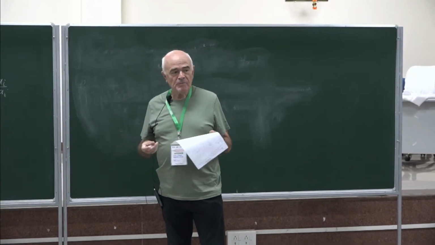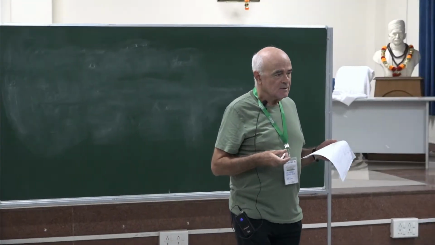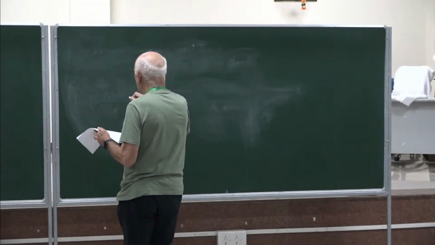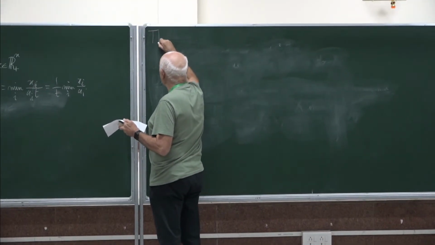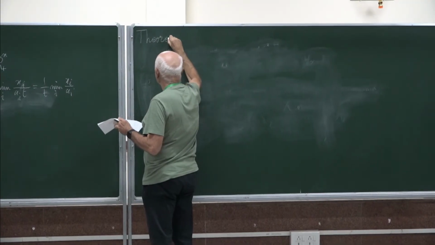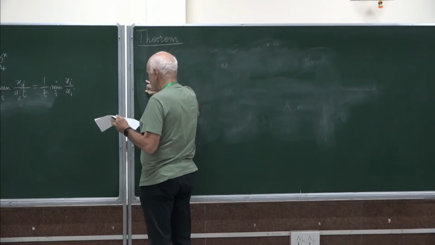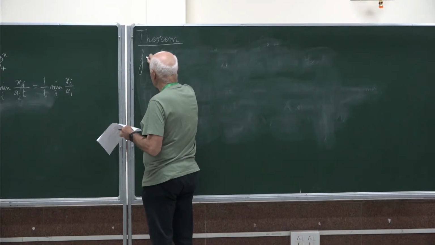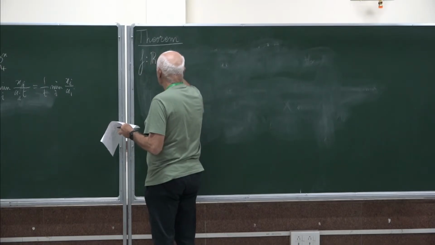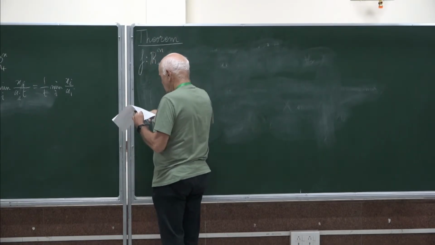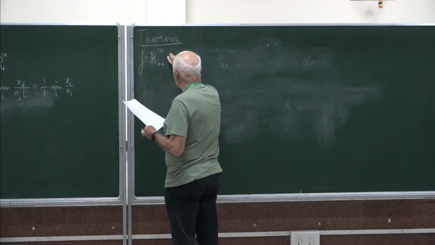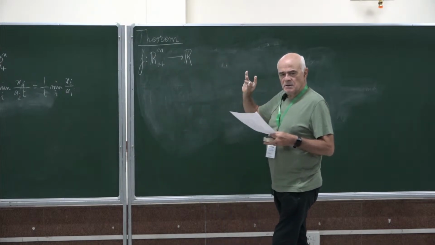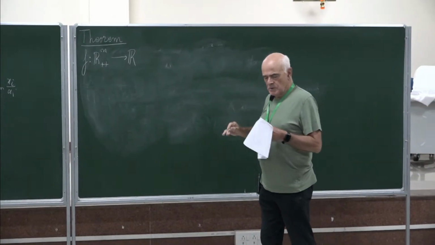A generalized convexity property of convex along rays functions. So it's the following theorem. A function on the positive orthant. Okay, I want to avoid problems with 0 components, but it can be dealt with. Okay?